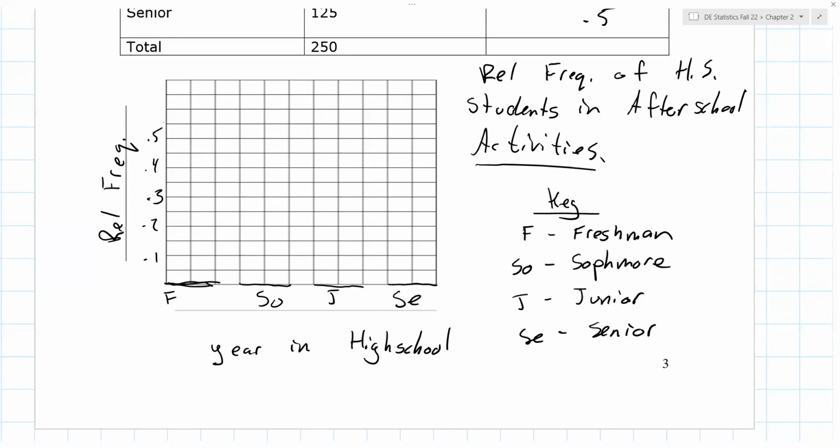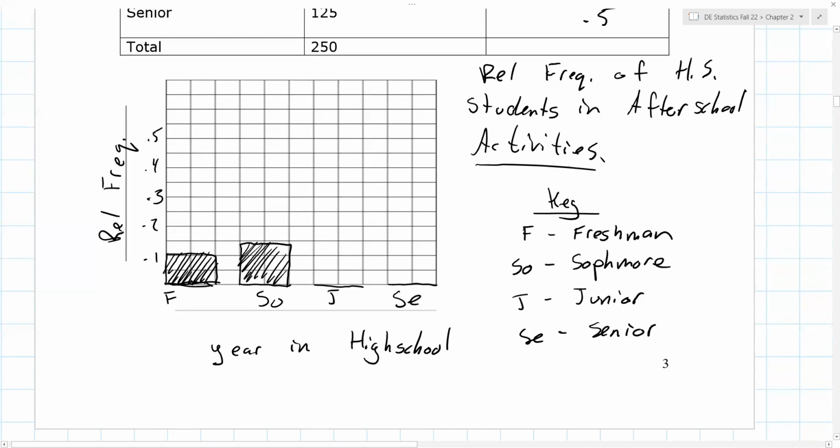So freshmen represent 10% or a relative frequency of 0.10. So that's the bar for freshmen. Sophomores are at 0.14, so that's just below that.